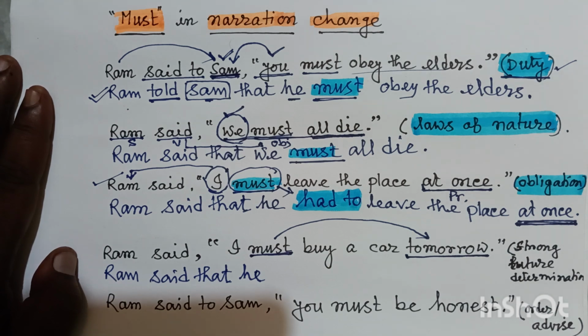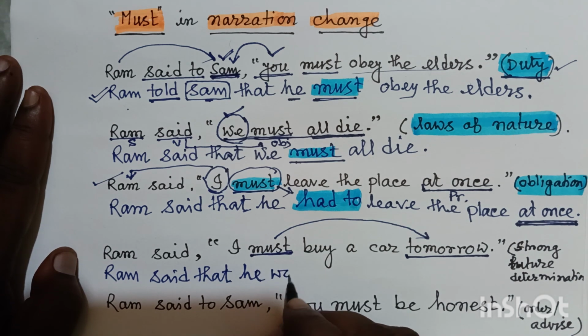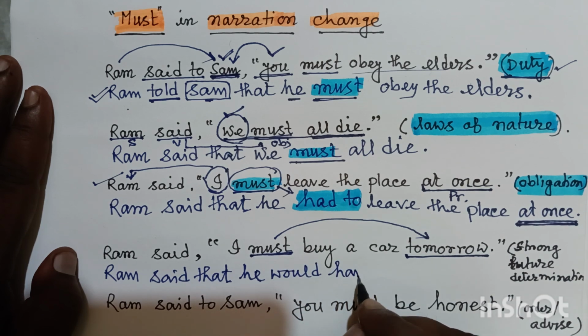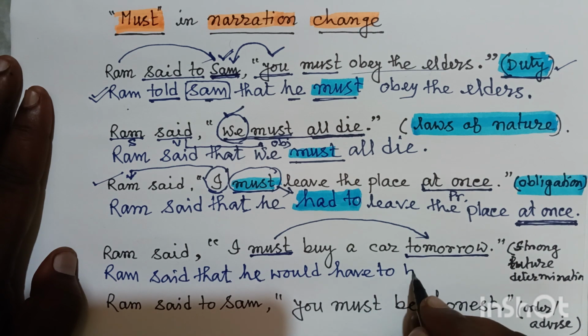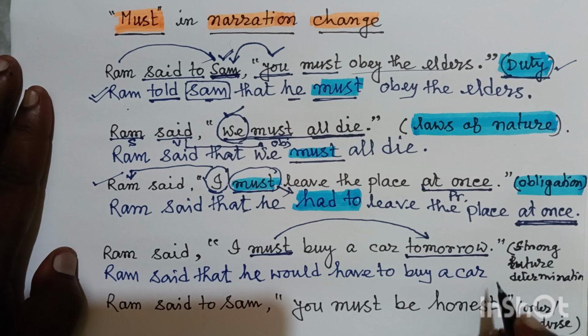Otherwise, we cannot express the entire meaning, the proper meaning. So we have to write down he would have to buy a car tomorrow.